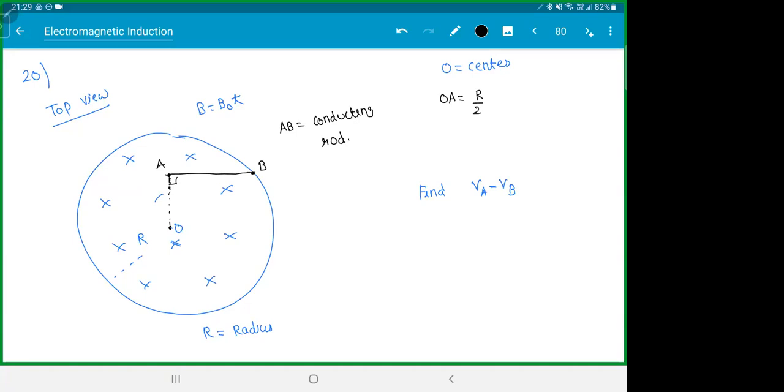I'll give you a minute or two. Any ideas?